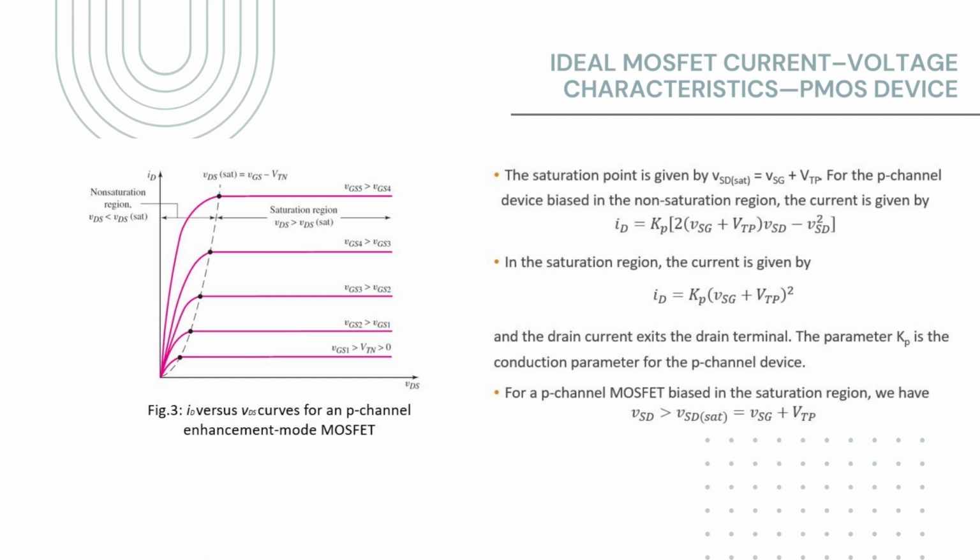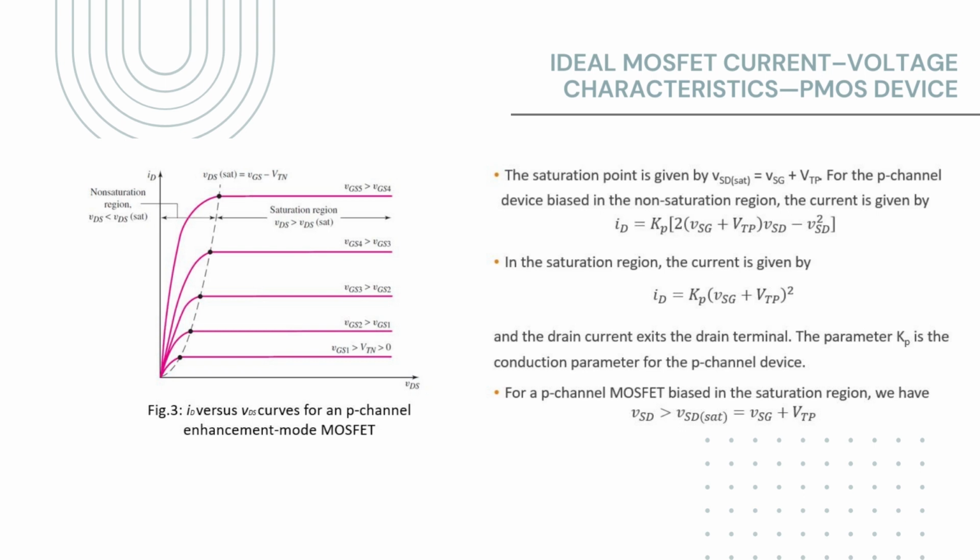For the p-channel device biased in the non-saturation region, the current is given by ID equals Kp [2(VSG plus VTP) VSD minus VSD square]. In the saturation region, the current is given as ID equals Kp (VSG plus VTP) square.